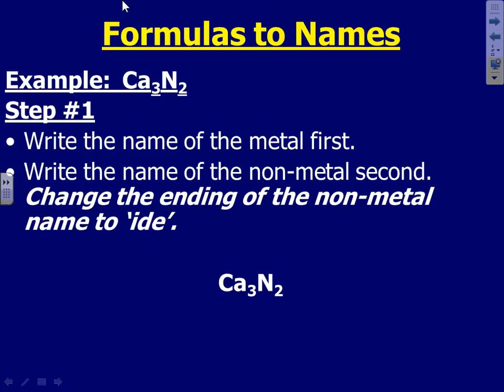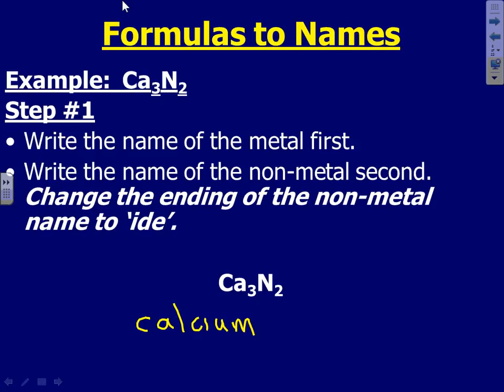So, you're given a Ca, simply you got to track that down on your table, or hopefully you remember what Ca is when we did our symbols and our names. Yep, Cade. Calcium. And what's that N? Logan, what's that N?